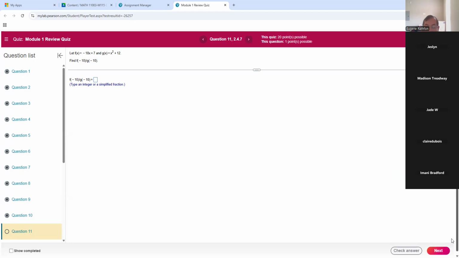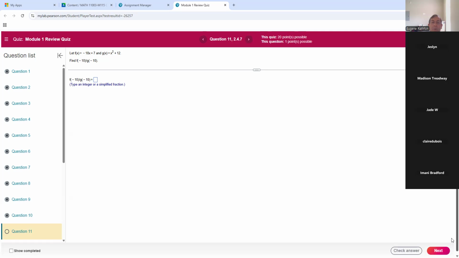All right, y'all, same thing here, except it's going to do a little bit of division. F of x equals negative 18x plus 7. G of x is x squared plus 12. They want me to find f of negative 10 divided by g of negative 10.